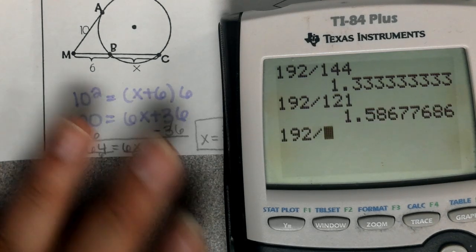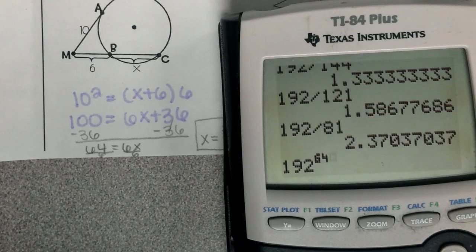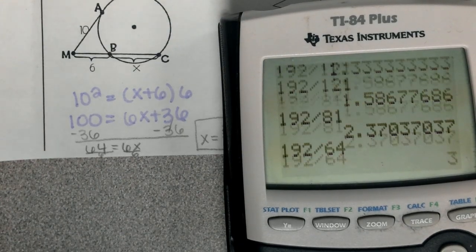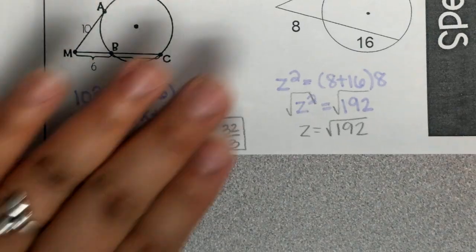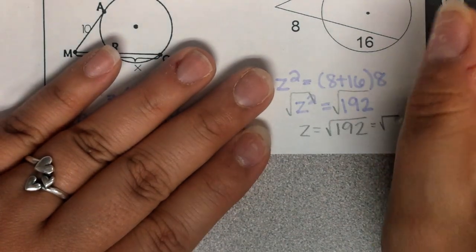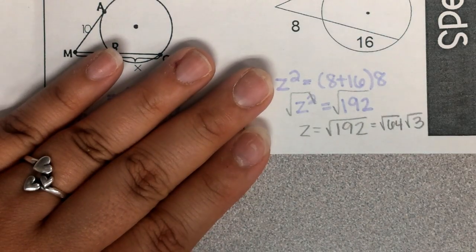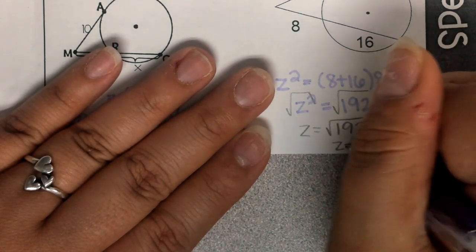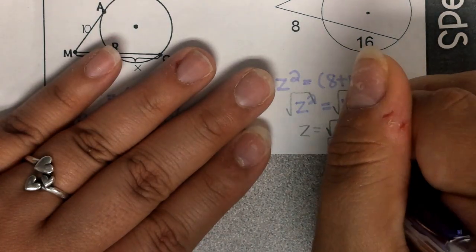I know it's not going to divide by 100. 81. 192 divided by 64. So this equals the square root of 64 times the square root of 3. What is the square root of 64? So this is 8 root 3. That is the exact answer.